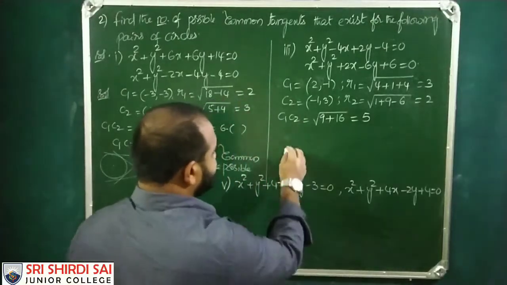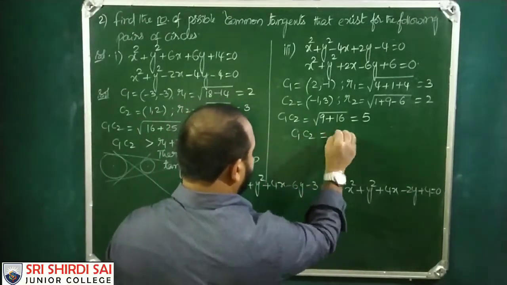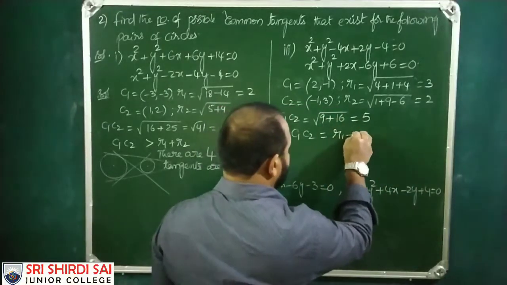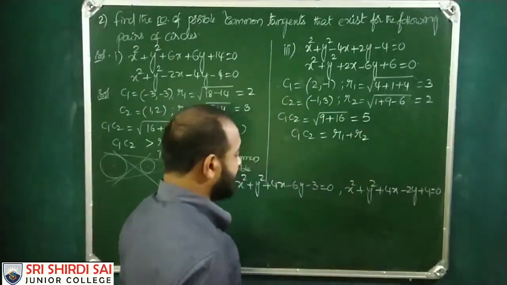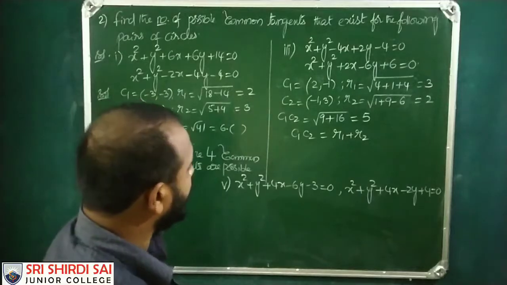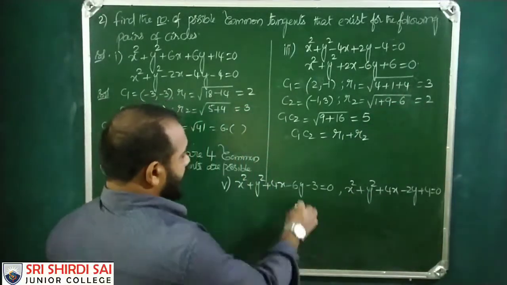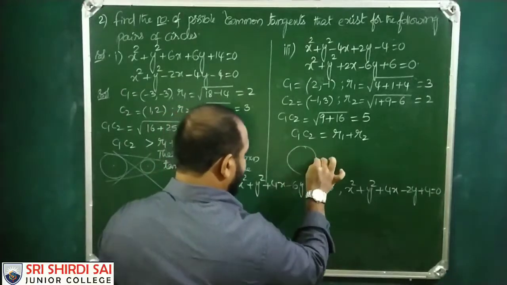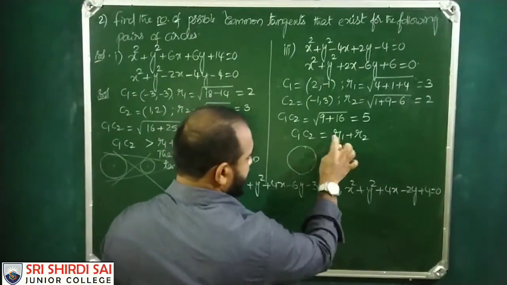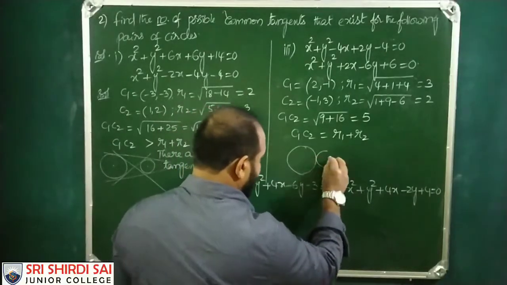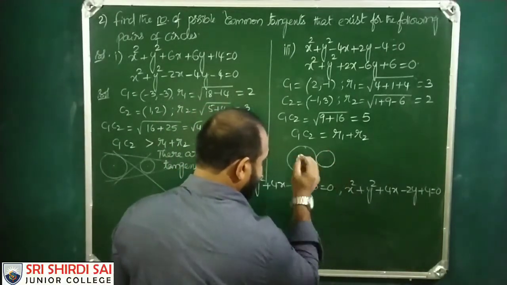So here C1C2 is clearly equal to R1 plus R2, because C1C2 is 5 and R1 plus R2 is 3 plus 2, 5. Therefore here the two circles will be like this. C1C2 equal to R1 plus R2 means the two circles touch each other externally.